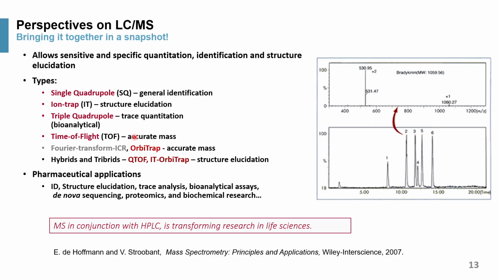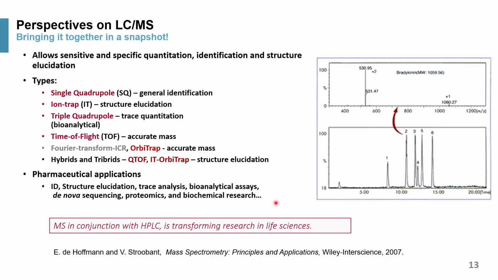Some mass specs can exist as a hybrid or tribrid, such as a QTOF, a quadrupole connected to a time of flight, and some Orbitraps could exist as a tribrid. Some of the most prominent pharmaceutical applications are identification, structure elucidation, trace analysis, and bioanalytical assays.